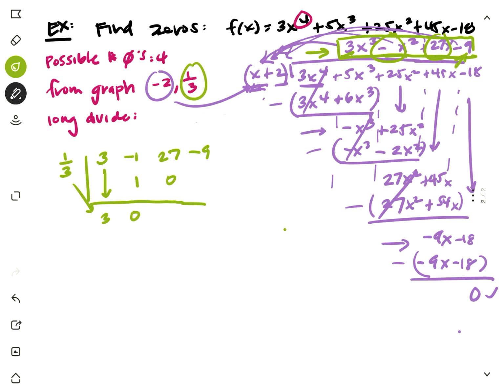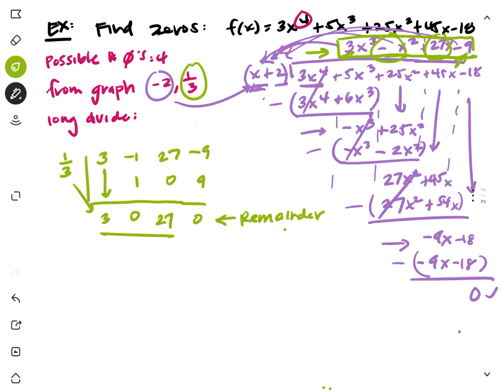And we're going to multiply. We're going to add again. 27 plus 0 is 27. Then we're going to multiply 1/3 times 27, which is 9. And we're going to add again, and we should end up with 0. So this last one is going to be the remainder.